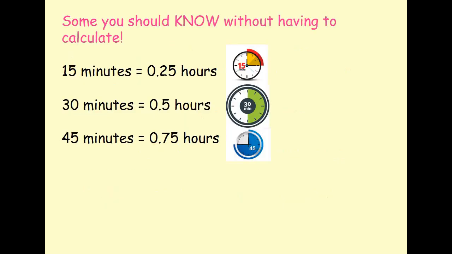There are a few that hopefully most of you will know without having to do that calculation. 15 minutes, most people know that's a quarter of an hour, and a quarter is 0.25. 30 minutes is half an hour, which is 0.5. And 45 minutes, some of you may know that's 3/4 of an hour, which is 0.75 hours.